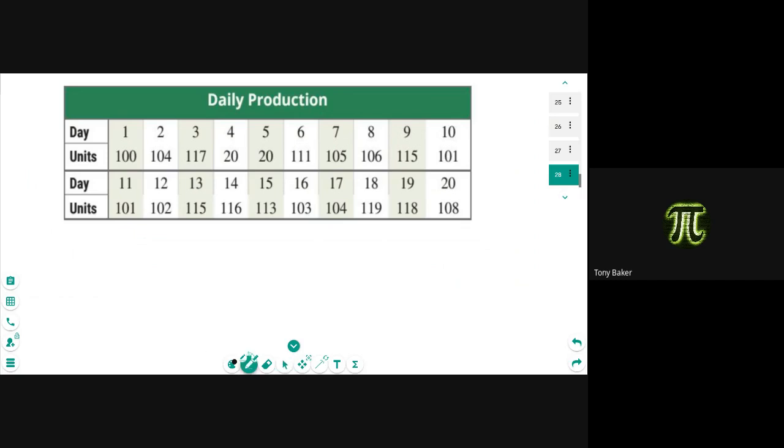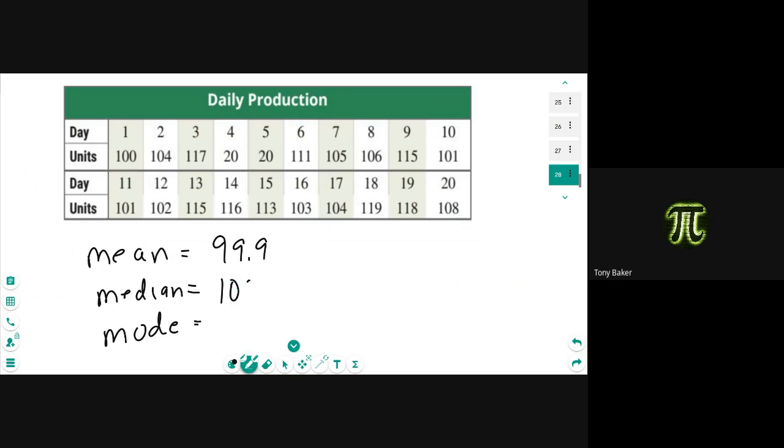There are 5 modes. Yeah. All right, that one's the easiest one to figure out. We'll do that one in a minute. What was the mean? So the consensus of the mean was right around 99.9. All right. What was the median? 100. Oh, 105.5.